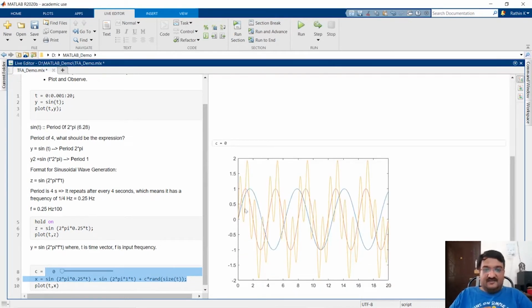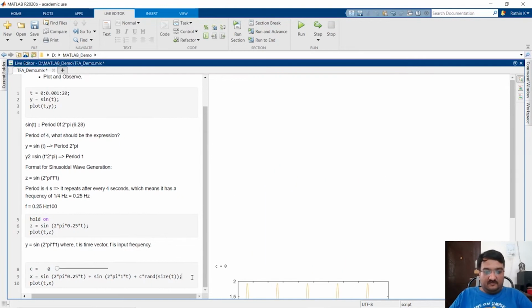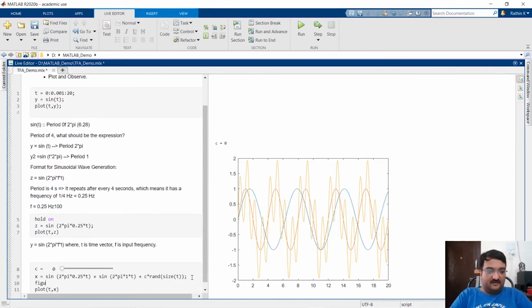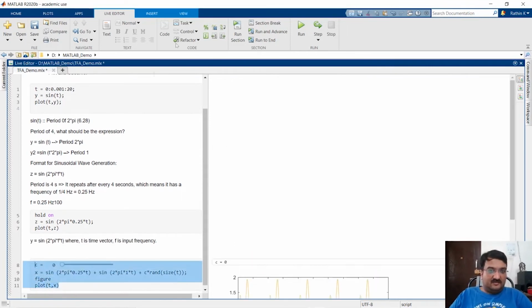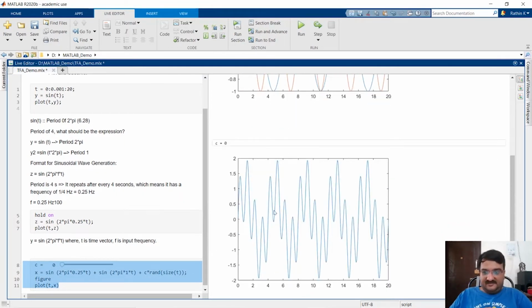So now you can see 3 different waveforms. What I can do is, if I just want to see our obtained graph, I just write here figure, and if I then run it, I will get a separate graph like this.